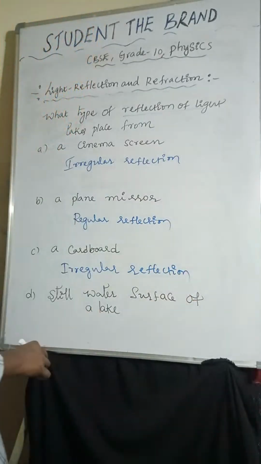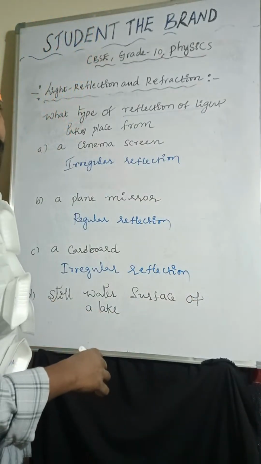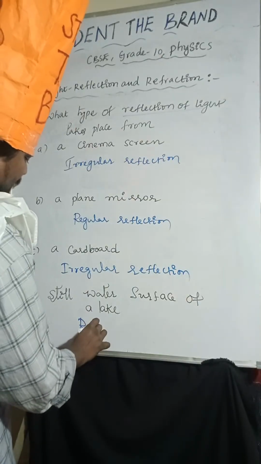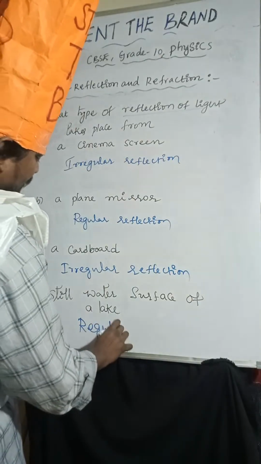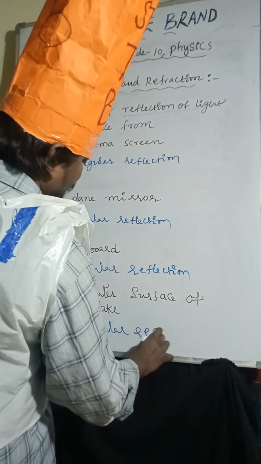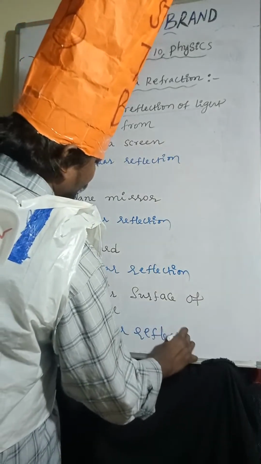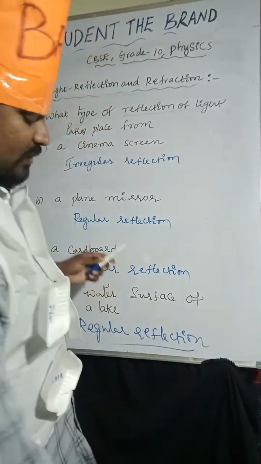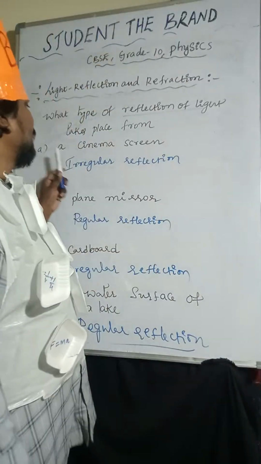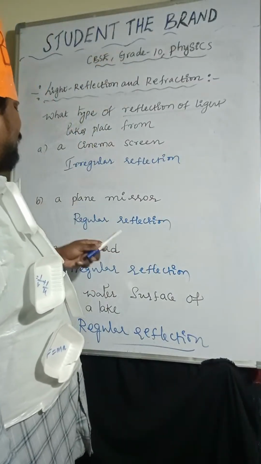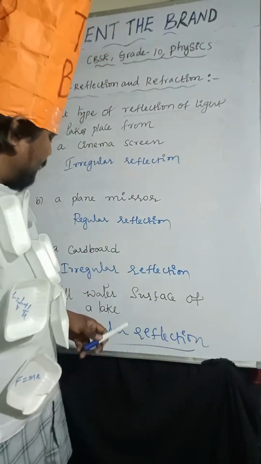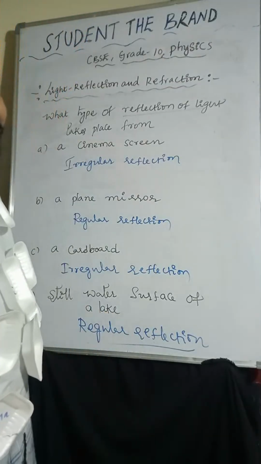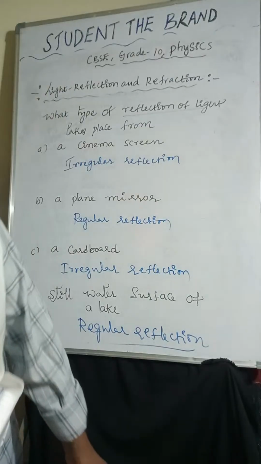On still water, regular reflection. Once again, observe: cinema screen, irregular reflection; plane mirror, regular reflection; cardboard, irregular reflection; and still lake water is regular reflection. Okay. Next.